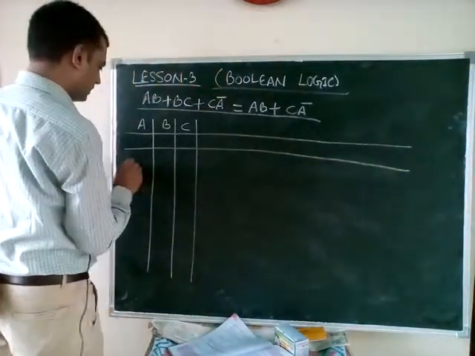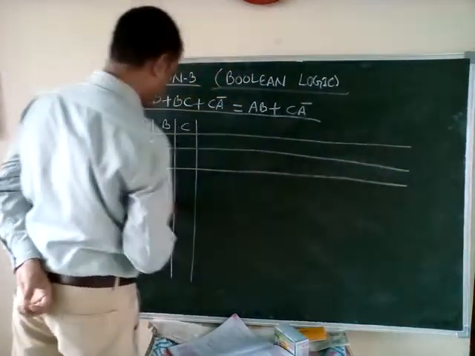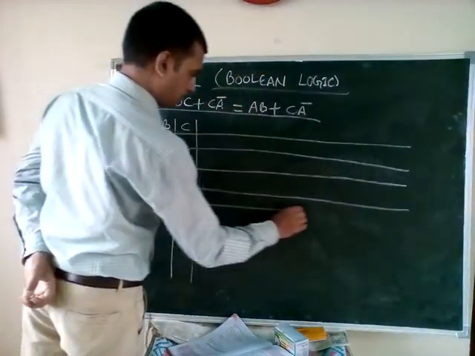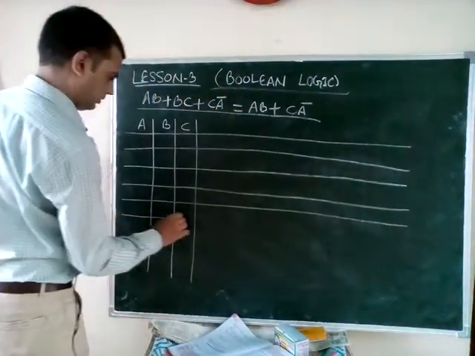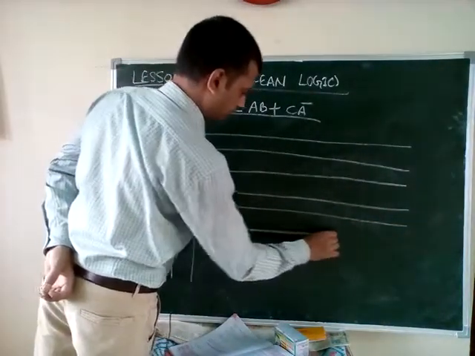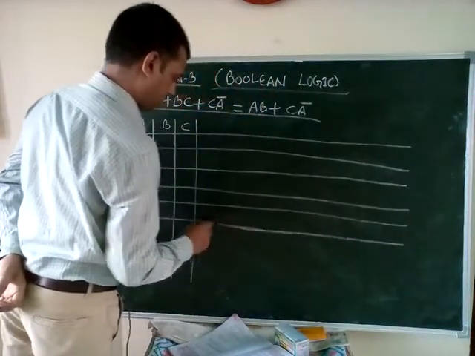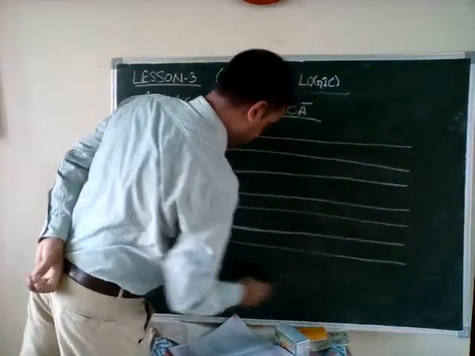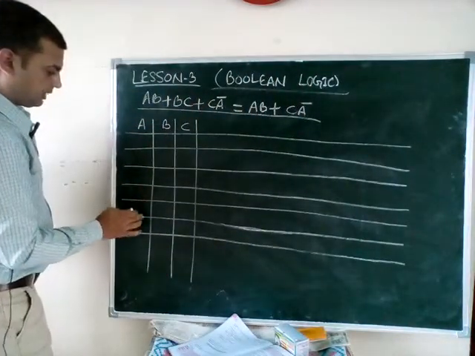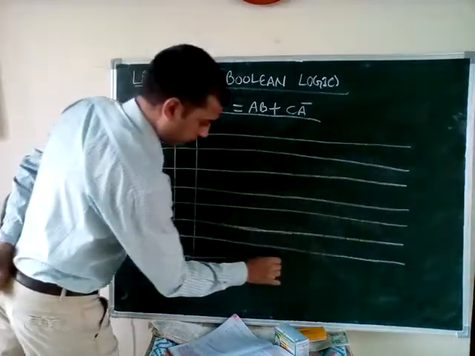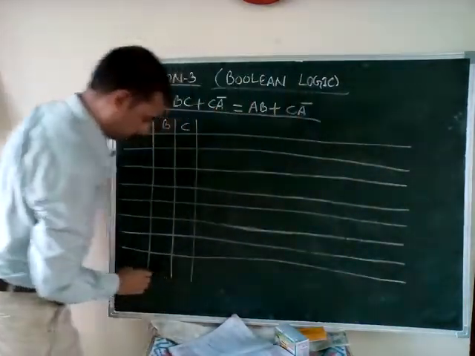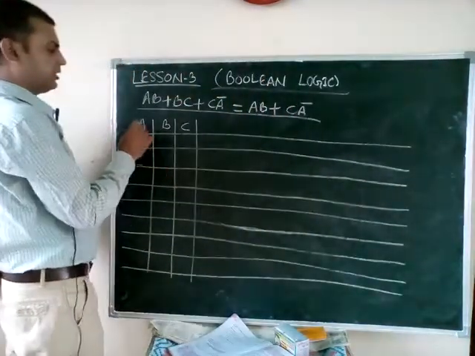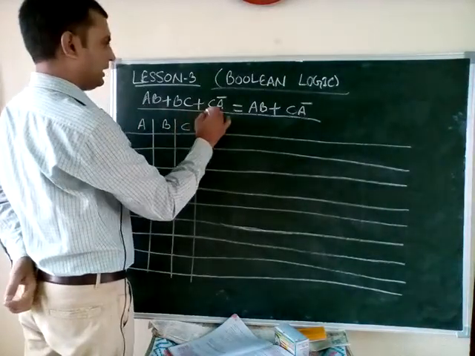So first I am drawing this so that values should be separated. One, 2, 3, 4, 5, 6, 7, this is 8.